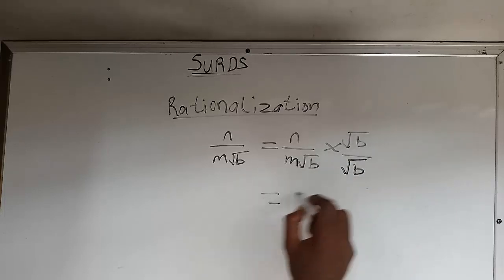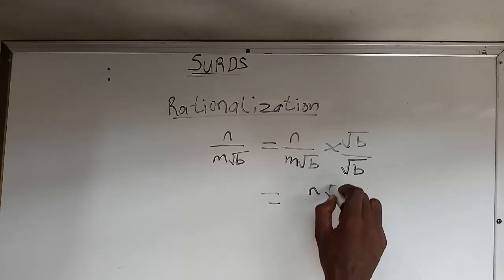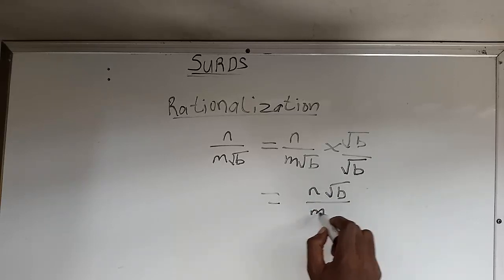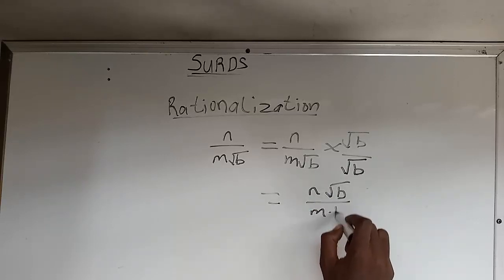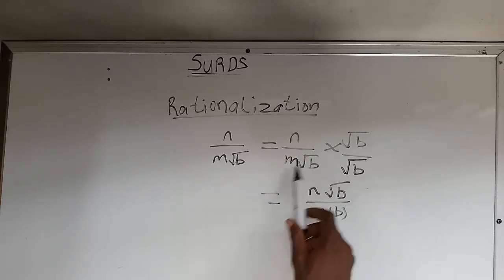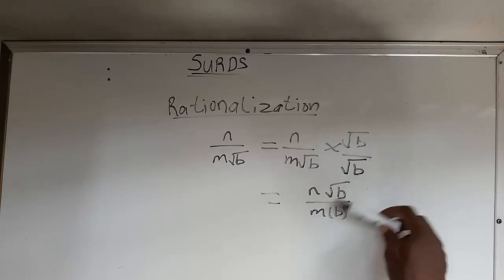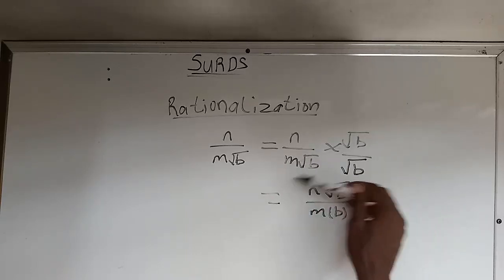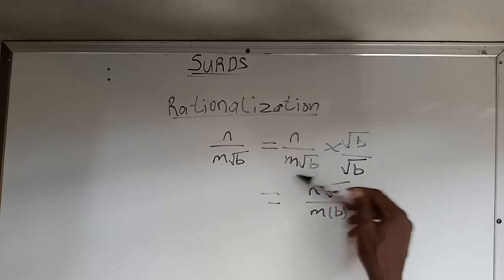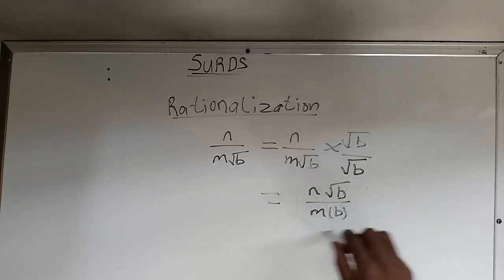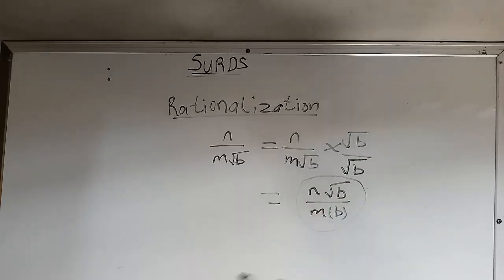So this will give us n root b over mb. Now, someone will ask, what if I multiply by m root b? Fine. That is not wrong, but I guess that is going to make your numbers huge, which will simplify eventually to this.